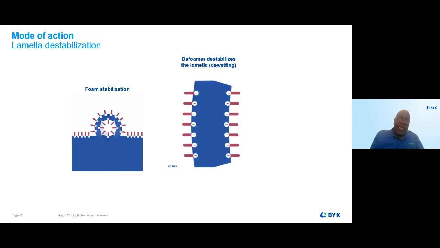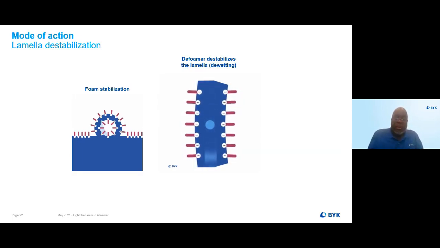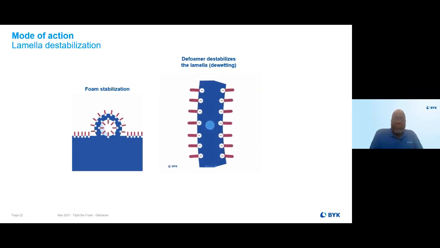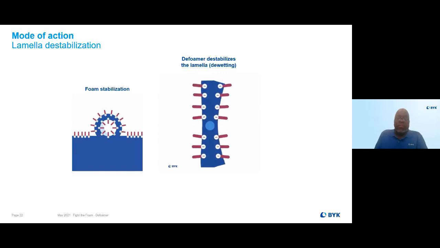Now looking inside this area, when you're de-wetting with a defoamer, the droplet goes in, starts the water to run out, and as the water runs out, the lamella shrinks and breaks. Foam destabilized.